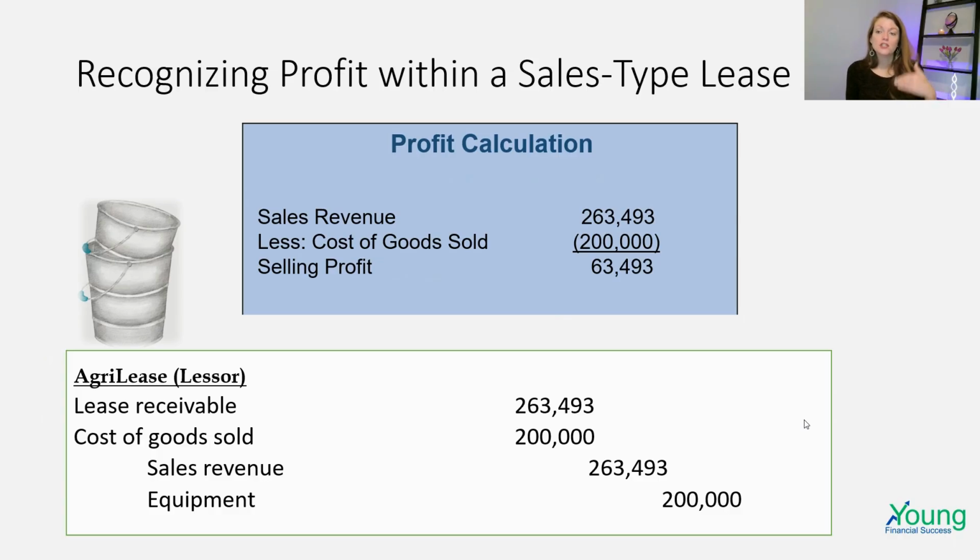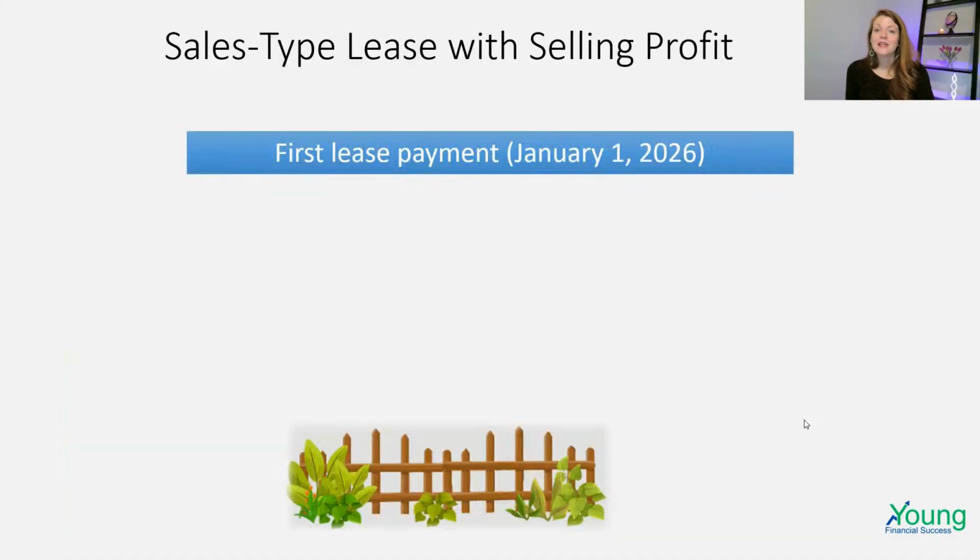If that was the case, you would show lease receivable and sales revenue, just like when you sell inventory and you have accounts receivable and sales revenue. Then you would record cost of goods sold, and then you would be crediting inventory. Same thing here, cost of goods sold, but it's more significant than inventory. It's a whole piece of equipment. So we're just recognizing profit, and this is only for the lessor.